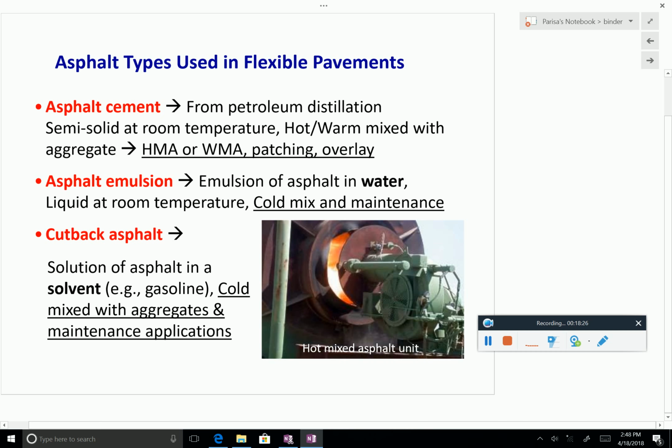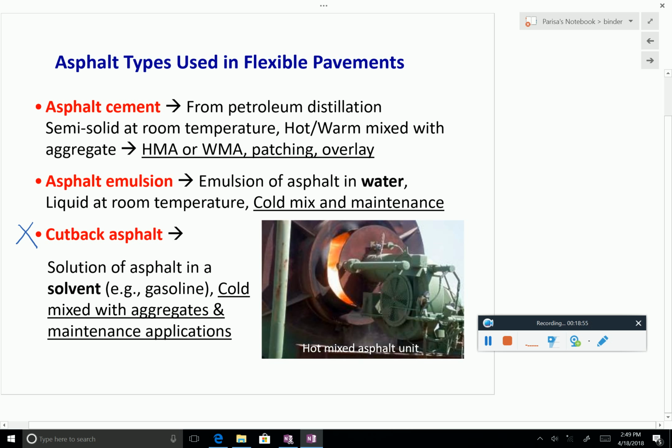And these are these products, asphalt cement. I told you this is being used for construction of hot mix asphalt or warm mix asphalt. You have emulsion, which is used mostly for maintenance. Cold mix, I'll explain to you what it is in a second. Cutback, the same as emulsion. And we don't use it that much anymore because it also turns out to be hazardous for health.